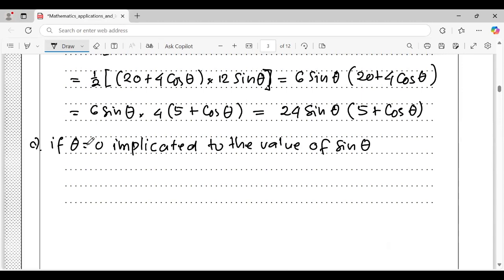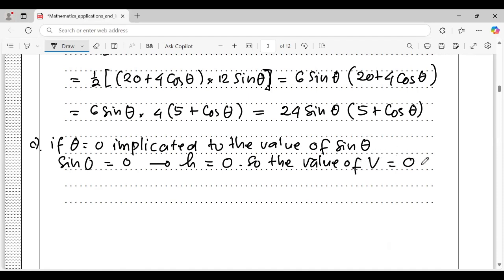So if theta equals 0, it means sine 0 equals 0. And if sine 0 equals 0, the implication is h equals 0, because sine theta equals 0. So the value of volume equals 0, and it is impossible.